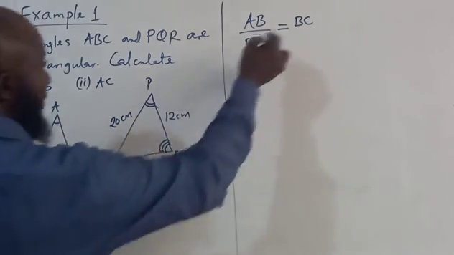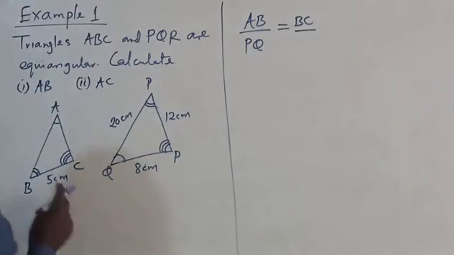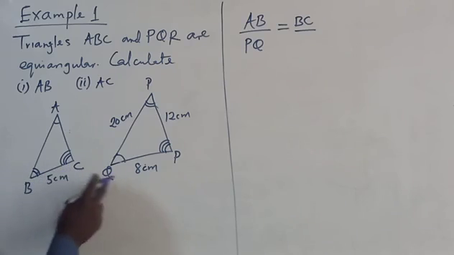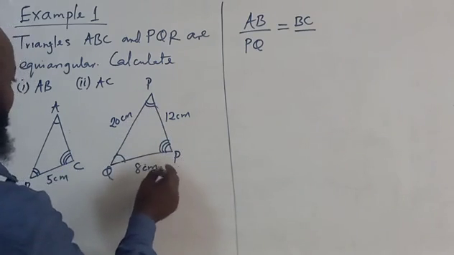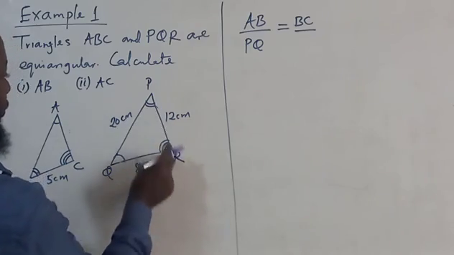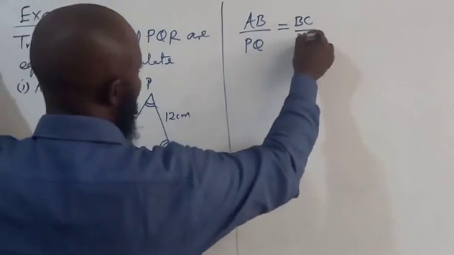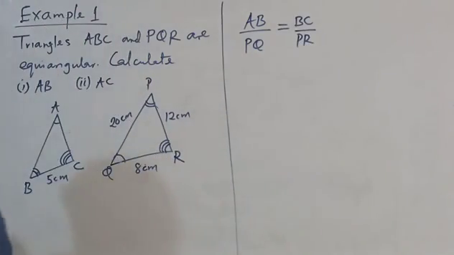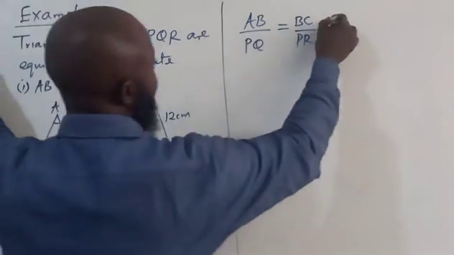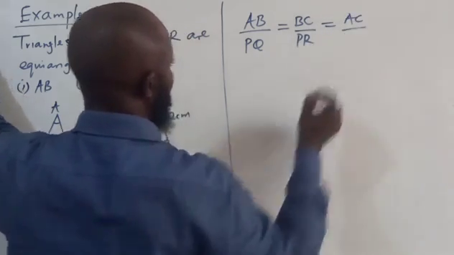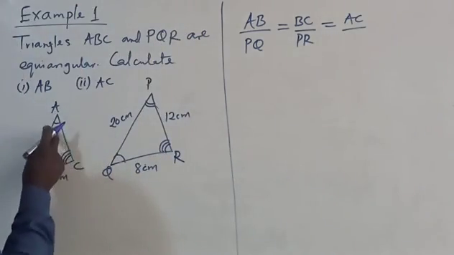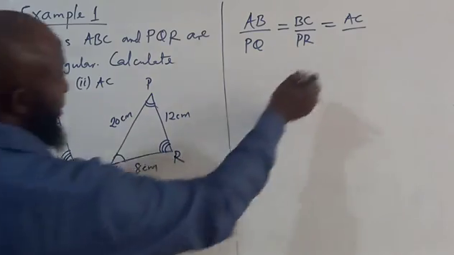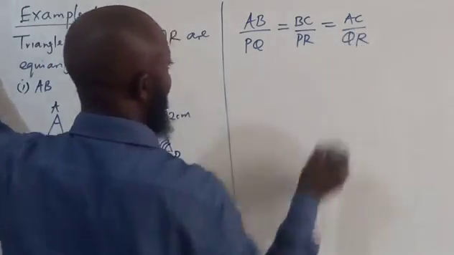So BC to BC, which is 2 to 3. This is R. 2 to 3. That is PR or RP. Then the last one, AC, that is 1 to 3. That is QR.